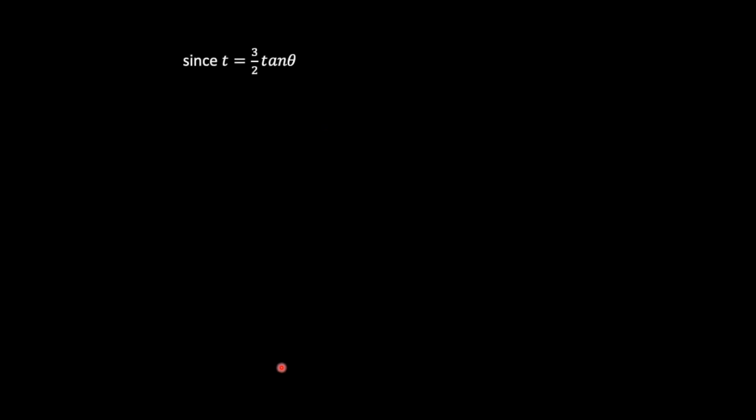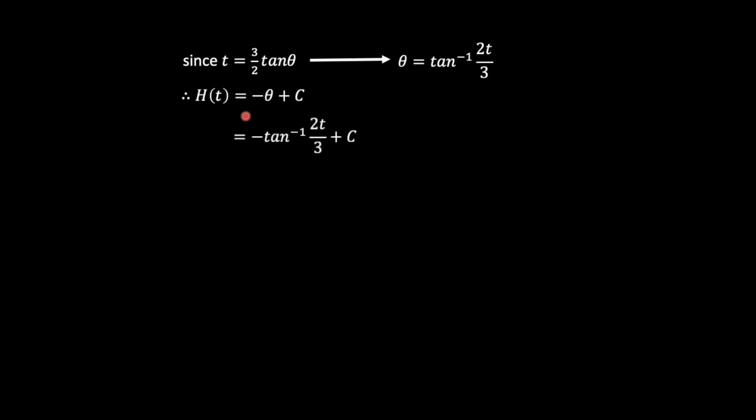Now, since t is equal to 3 over 2 tan theta, then theta is the arctan of 2t over 3. And therefore, h(t) being equal to negative theta plus c is equal to negative arctangent of 2t over 3 plus a constant c.